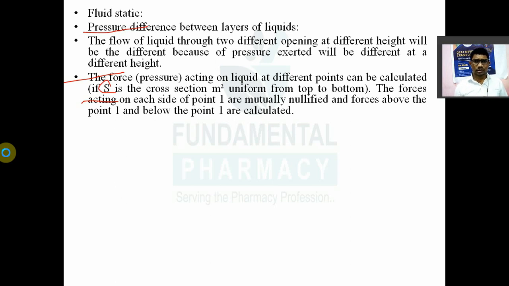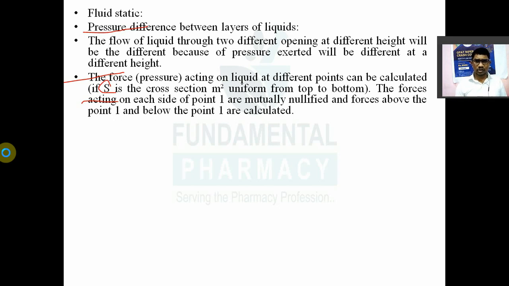The forces at point 1 left side पे right side पे will be nullified, but only forces above the point 1 के ऊपर कितना फोर्स है, point 2 के ऊपर कितना फोर्स है, exactly point 1 में कितना फोर्स है वो नहीं कैलकुलेट because that is nullified, okay?